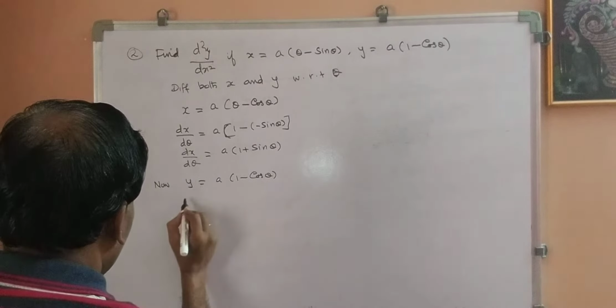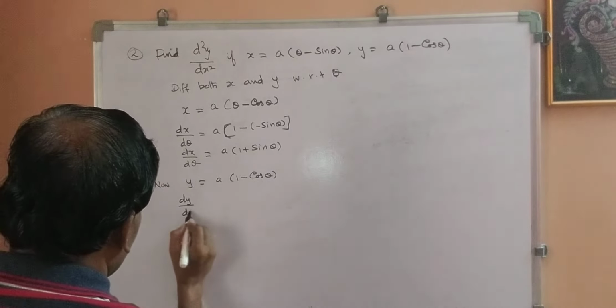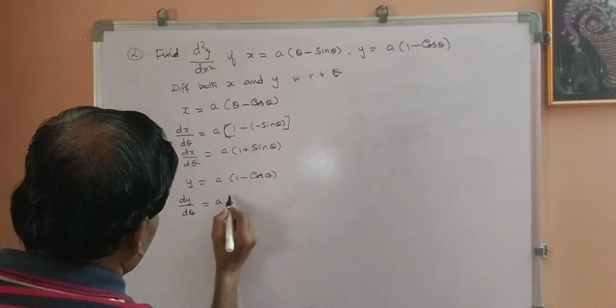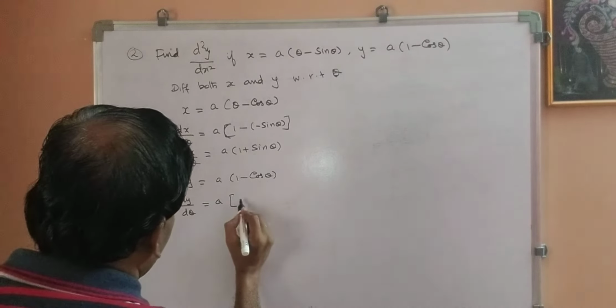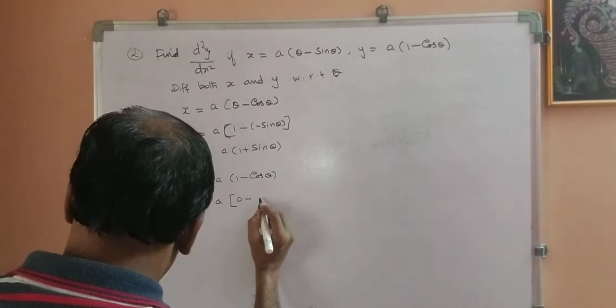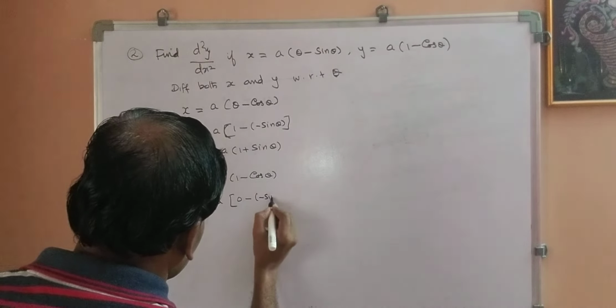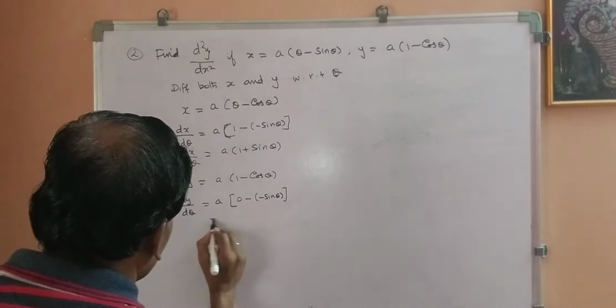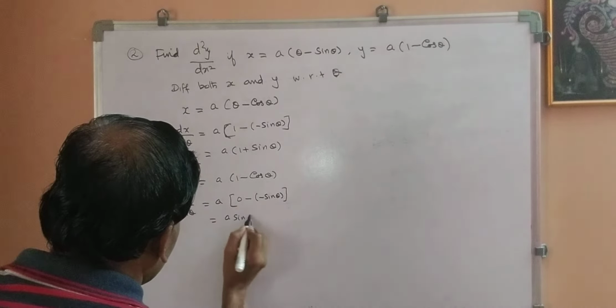So we will do dy by d theta equal to a into, what is the derivative of 1? 0. What is the derivative of cos theta? Minus sin theta. So it is equal to a into sin theta.